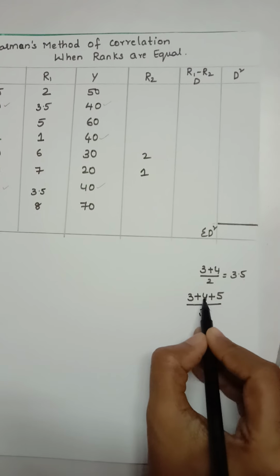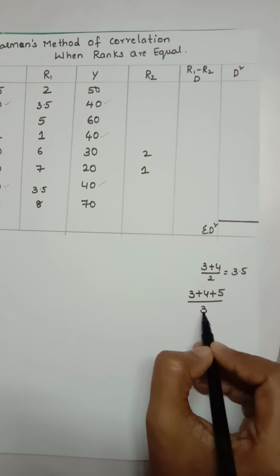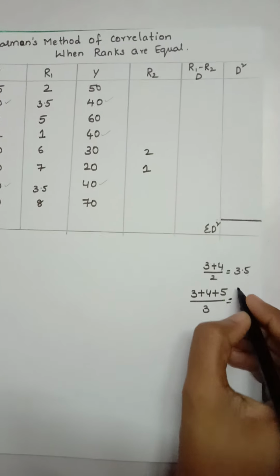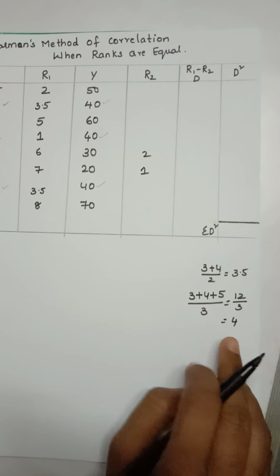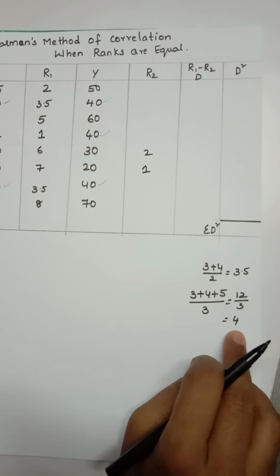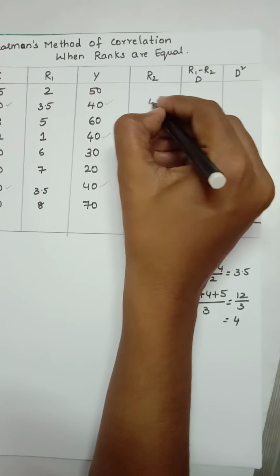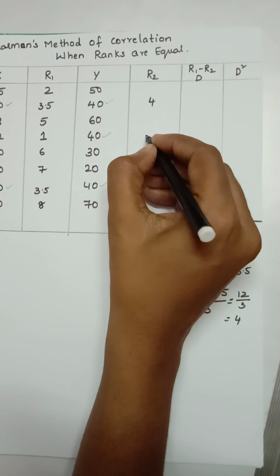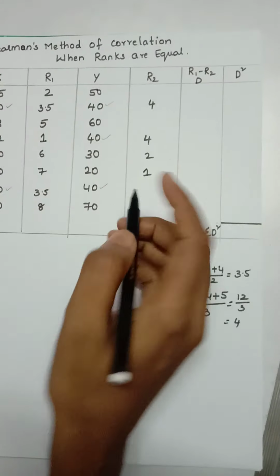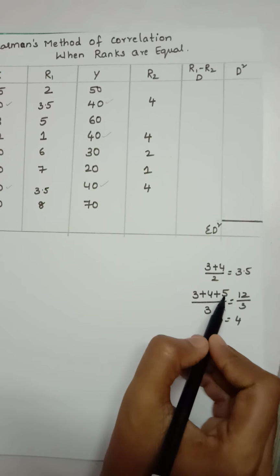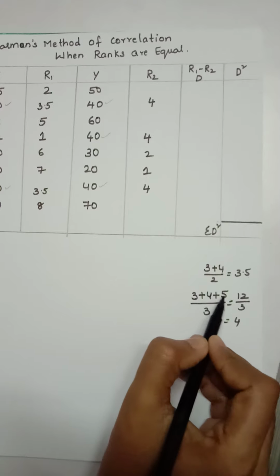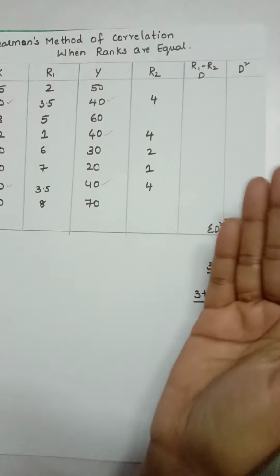So 3 plus 4 plus 5 divided by 3 is how much? 12 by 3. So the average value of these 3 ranks is 4. So I'll allot 4 for this 40, 4 for this 40 and 4 for this 40. So 3, 4, 5 are completed. Now we need to start with 6.